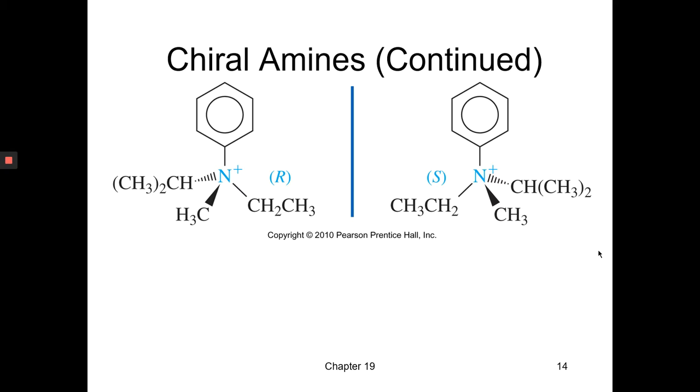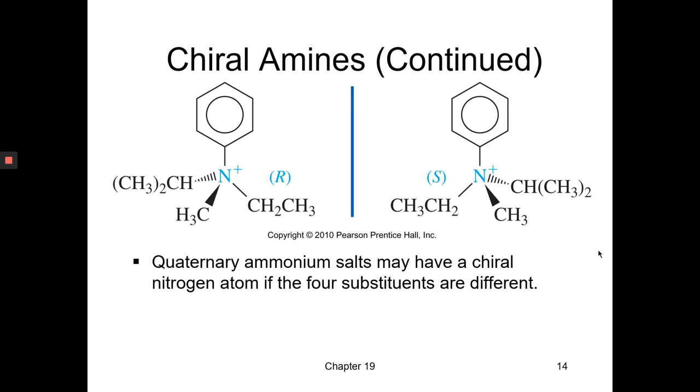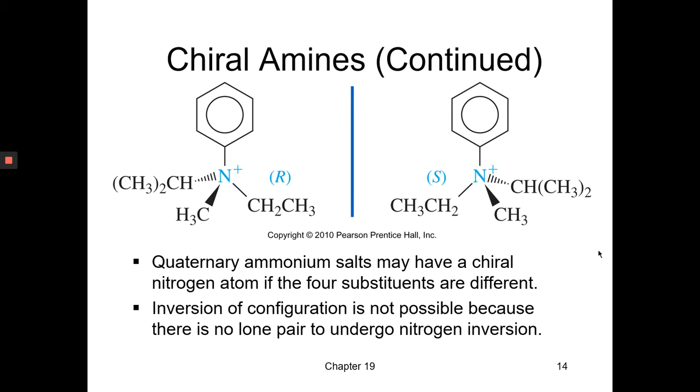And this turns out to be an important method of separating enantiomers. We can make chiral, diastereomeric salts, and then separate them, either by crystallization or some other means. Here inversion of configuration is not possible since there's no lone pair. There's four covalent bonds.